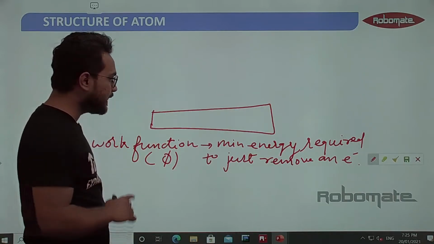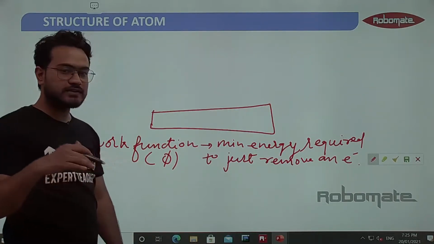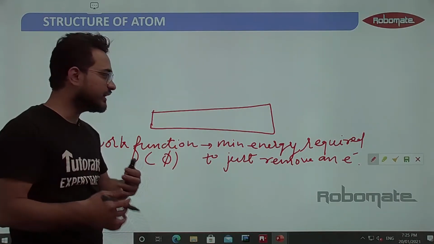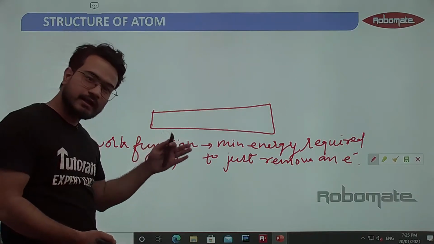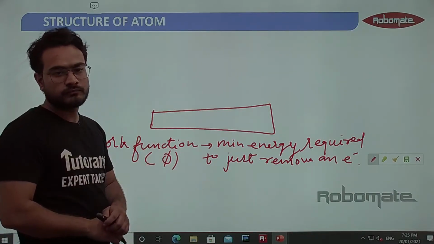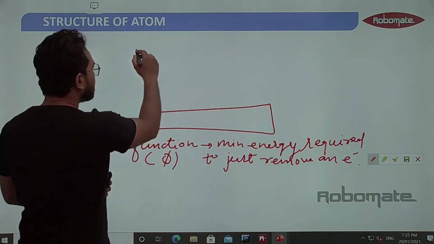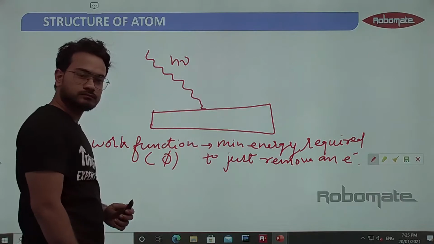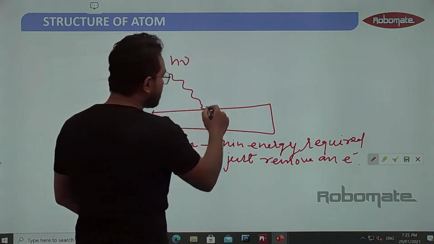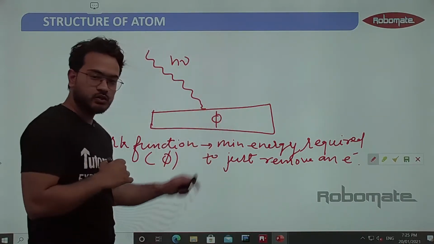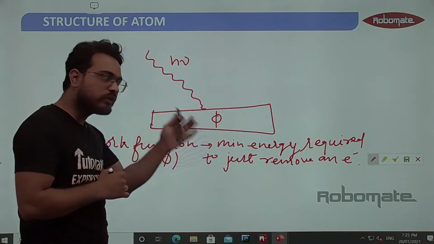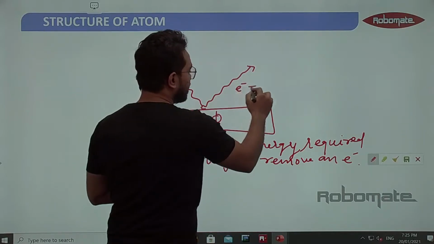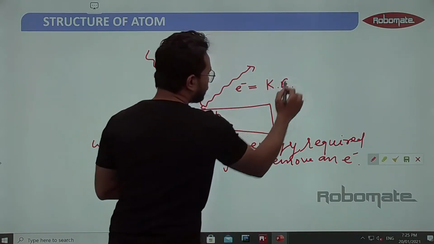And I am supplying an energy. What will the rest of the energy be used in? The rest of the energy will be used in increasing the kinetic energy of the electron. I am supplying h nu energy, and some amount of energy is being used as work function to remove the electron, and the rest of the energy the electron is using in kinetic energy.